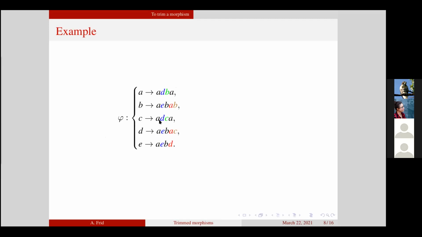We see that all the images of letters start with the same letter A, so it is not very important which letter it is. What is important is that the images of A and C diverge from the images of the 3 other letters. At the second symbol, the second symbol can be D or E, so it is the first point where something differs.